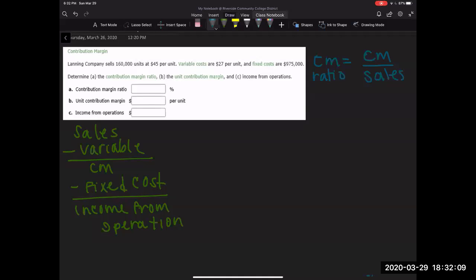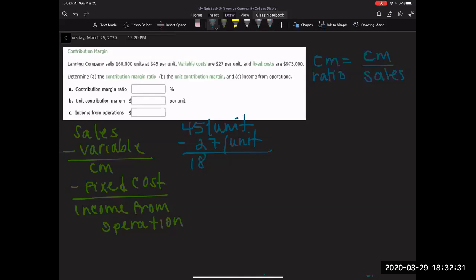So our sales per unit is $45 per unit, right? Less our variable cost of $27 per unit, right? And so the difference, if we did $45 less 27, we come up with 18, right?